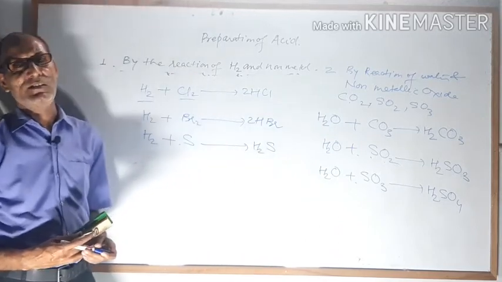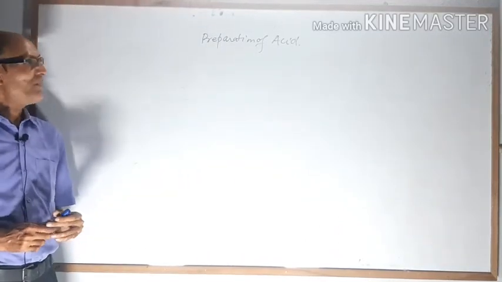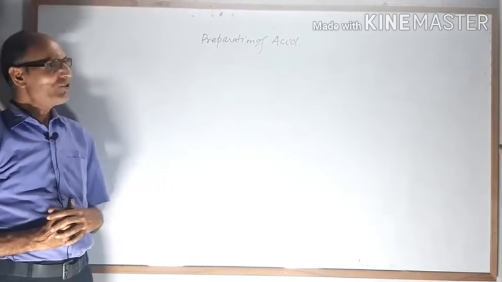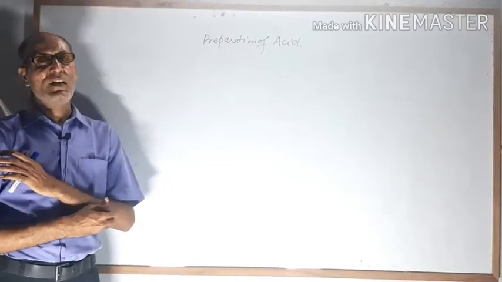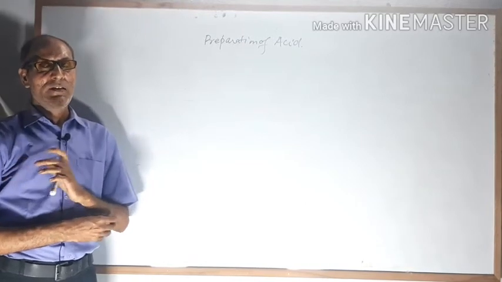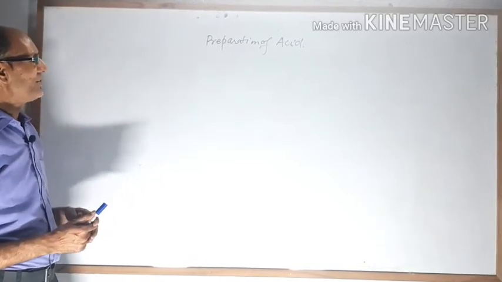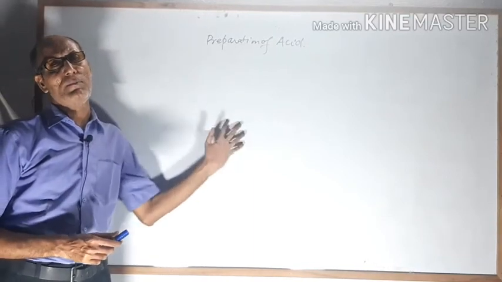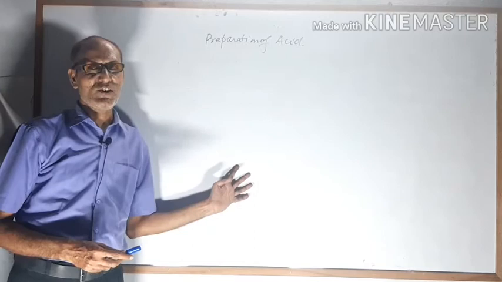Okay, student. Number 3, the method of preparation of acid by using sulfuric acid. As you know, sulfuric acid is an acid, and by using this acid you can prepare all other acids.